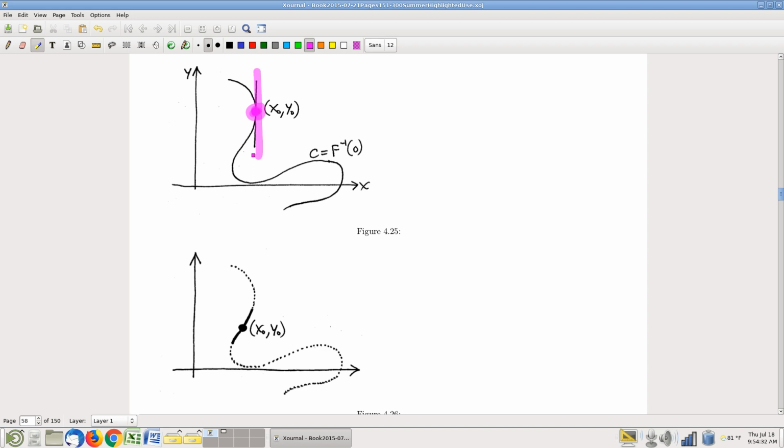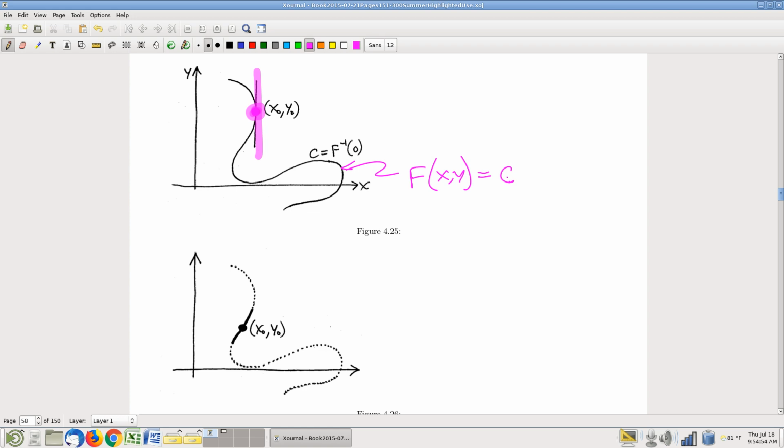Now, don't forget, this curve here, described by some equations. Equations can all be written as level sets. Right? So interpret your curve as a level set. We know a bunch of information about level sets.